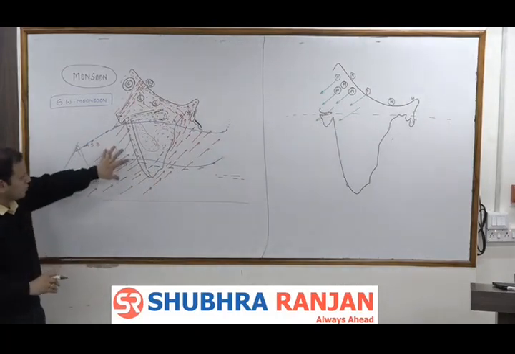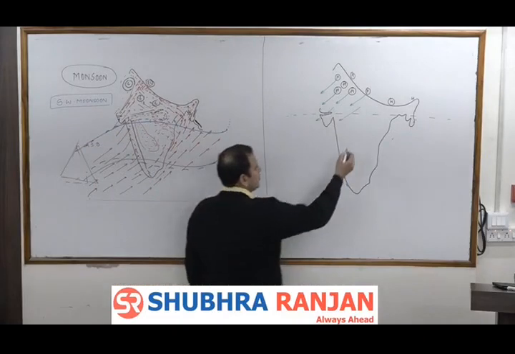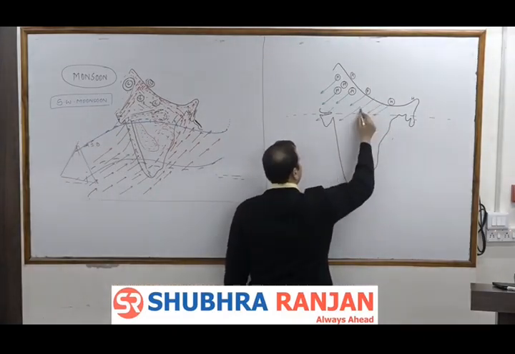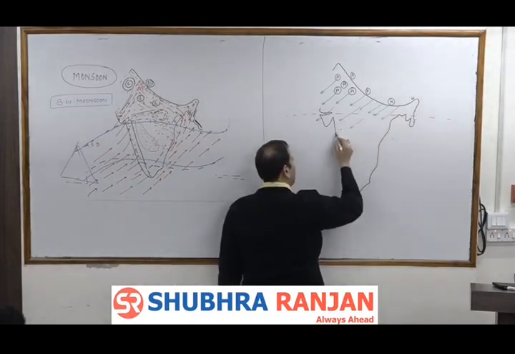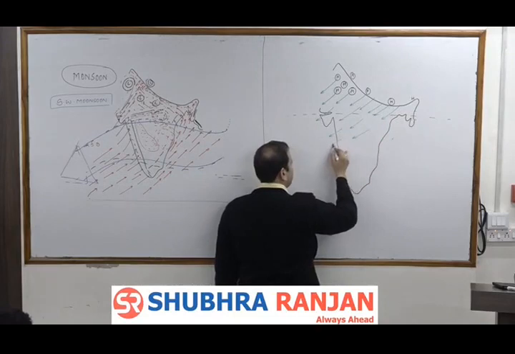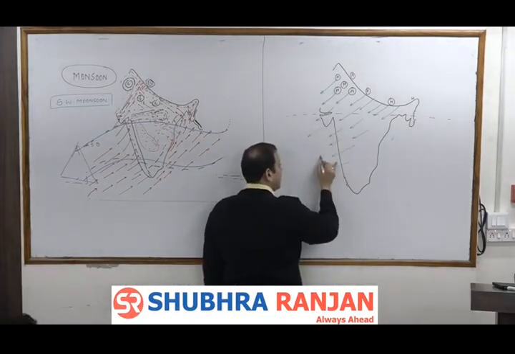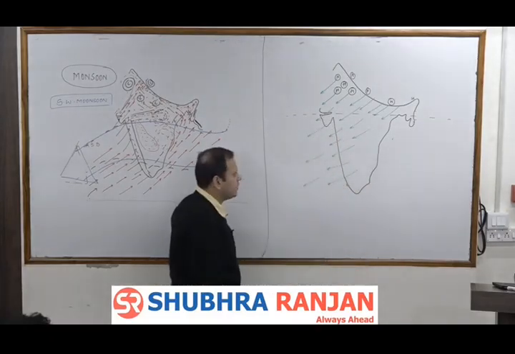So onshore winds bring rainfall, offshore winds bring dry climate. They are getting deflected to the right in the northern hemisphere. So the entire India has a dry season during the winter season because of the dominance of the northeast winds, which then will cross the equator and go towards Australia.